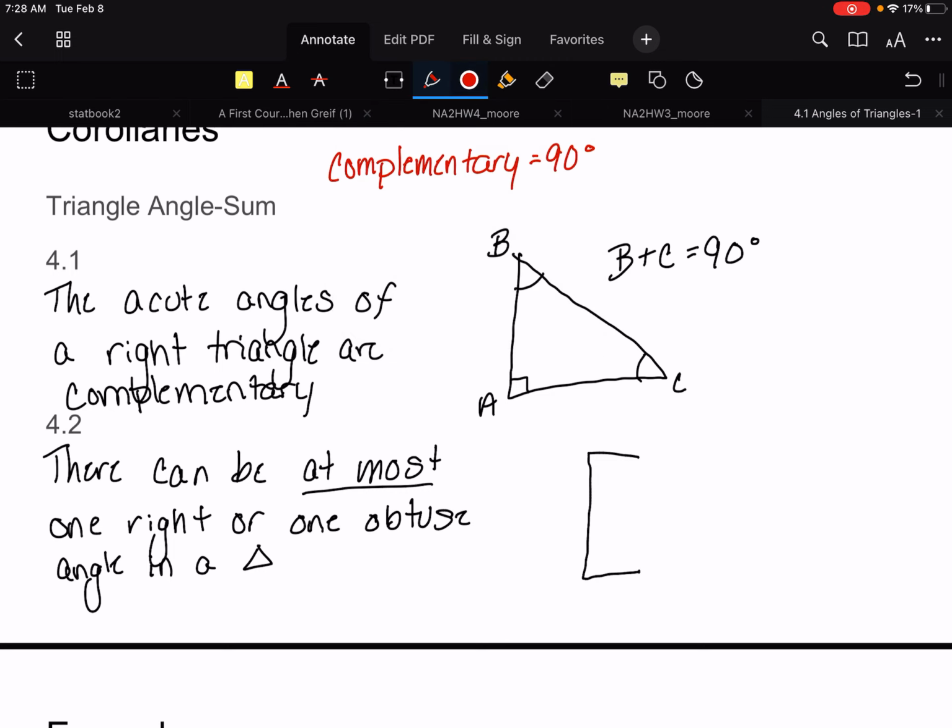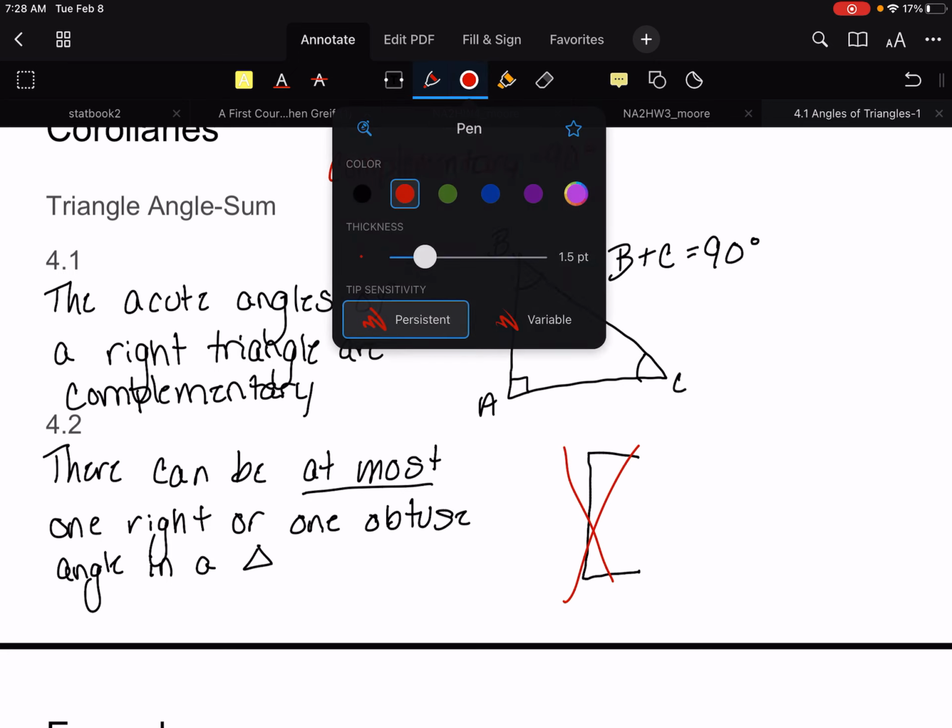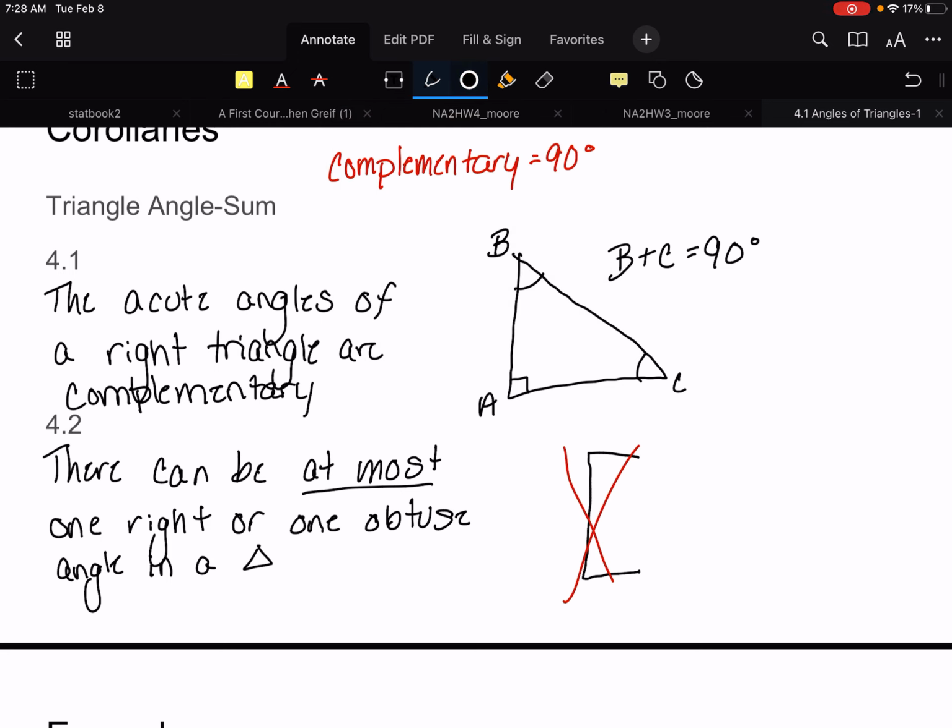That obviously won't make a triangle. And if I have two obtuse angles, so I would have an angle like that, that's obtuse. If I was to try and draw another obtuse angle, again, I'm not making a triangle. I can have three lines in a triangle, and that's not going to work. So, that proves that doesn't work there. And just as a reminder as well, this symbol means triangle.